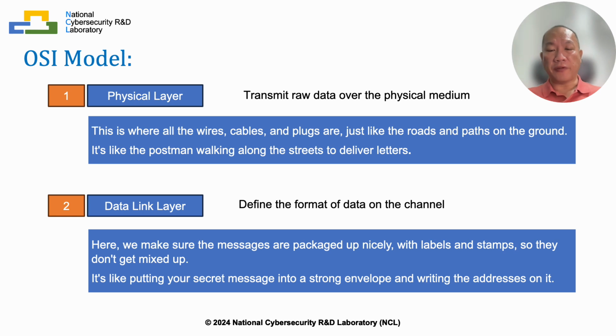This layer specifies the voltage, the frequencies, and how the cables need to be run and connected, and also how the data is represented: the ones and zeros, how are they represented in terms of volts? Some cables run at 5 volts and 0 volts, and some at other voltages.